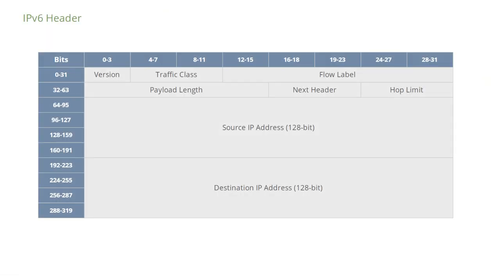After all these changes, here is what the IPv6 header looks like. Click each IPv6 field for a reminder of what function it serves. To compare the IPv6 header with the IPv4 header you saw earlier in this course, click the link on screen.